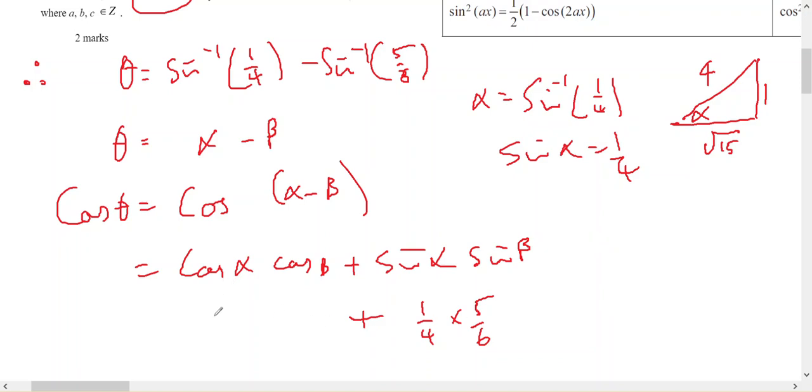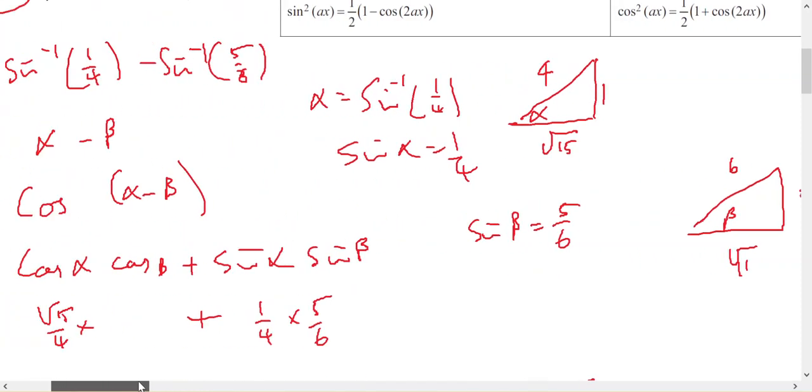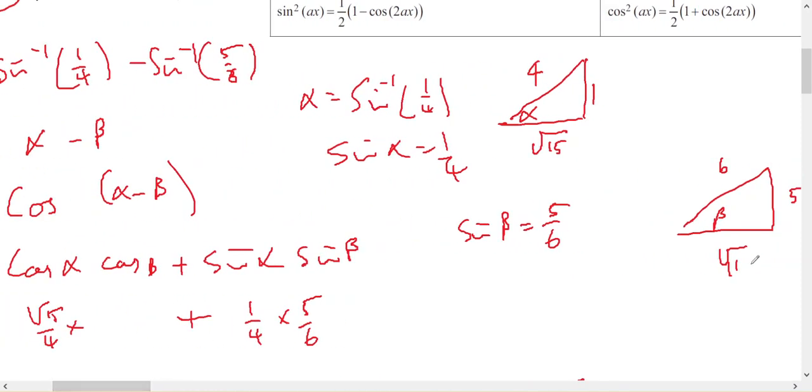So the cos of alpha is root 15 on 4. And looking at beta, I know the sine of beta is 5/6. So in a right angle triangle, that's 5, that's 6, 36 minus 25 is 11, that's root 11. Therefore, the cos of beta is root 11 on 6.